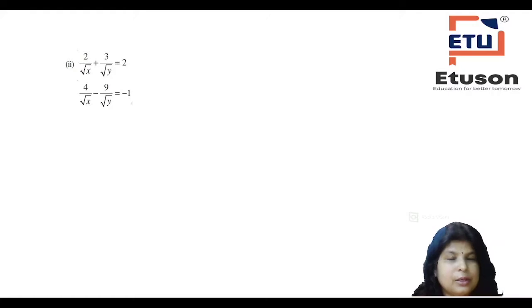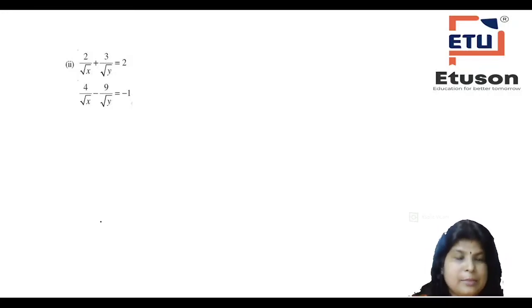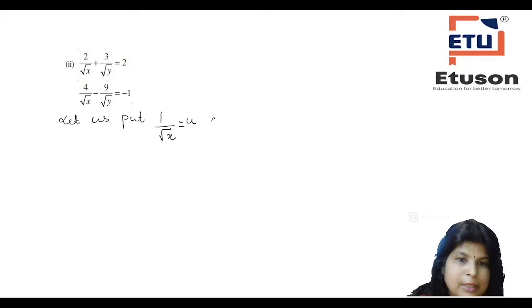Here we have 2 divided by root x plus 3 divided by root y is equal to 2 and 4 divided by root x minus 9 divided by root y is equal to minus 1. Similar to the previous problem, let us put 1 by root x is equal to u and 1 by root y is equal to v.